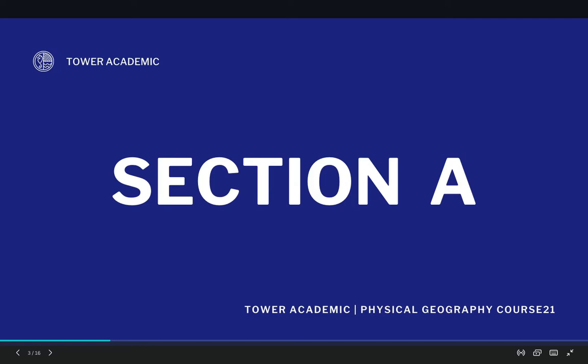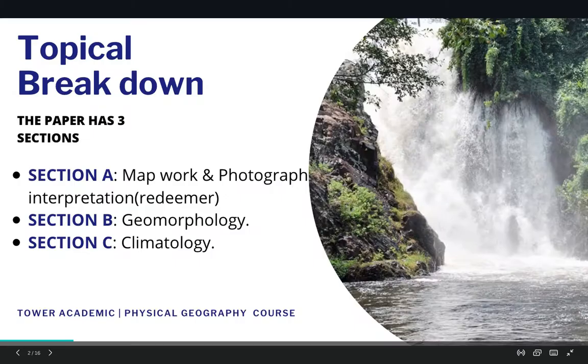Then section C also has 3 questions, and that is what we call climatology. That climatology has topics on soils, vegetation, and climate. So out of the 3, you will also be required to answer 1.